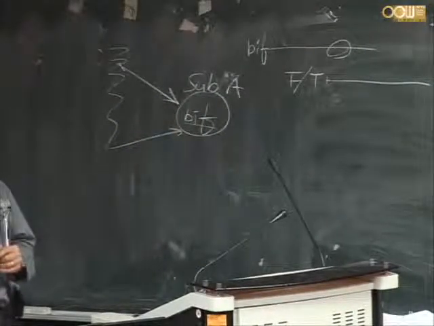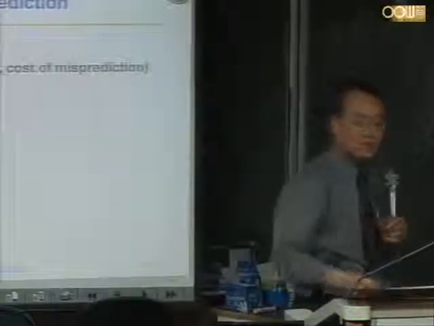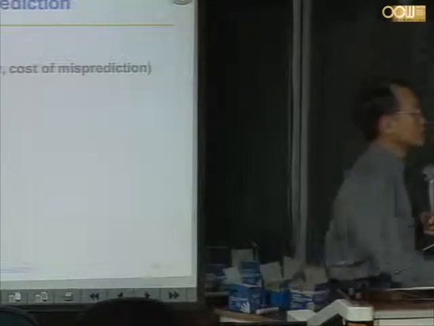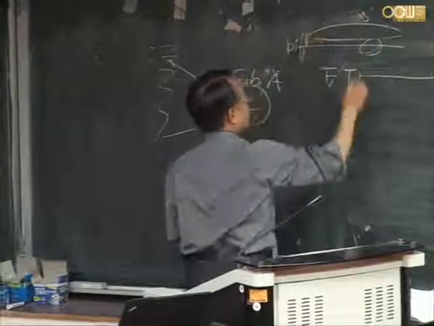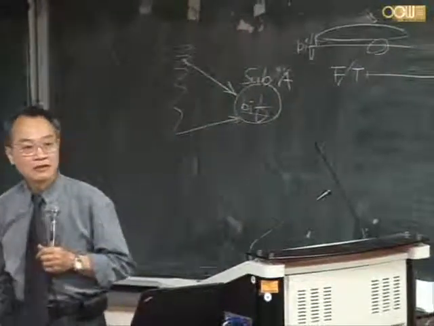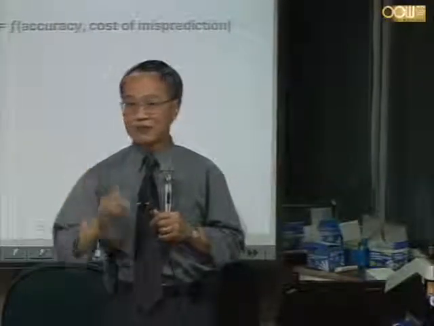Then I already know how to fetch from fall through or target. And perhaps you want to be smarter. You want to predict. So you begin to predict, but it takes you that many cycles. Do I still need your prediction? No. So in-time prediction is very important.